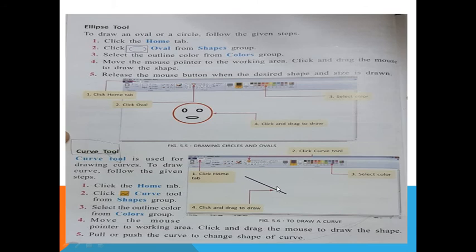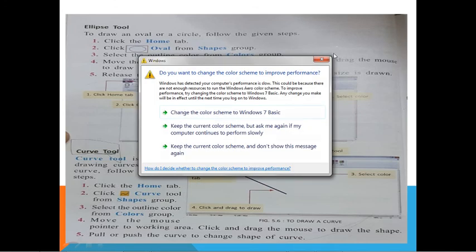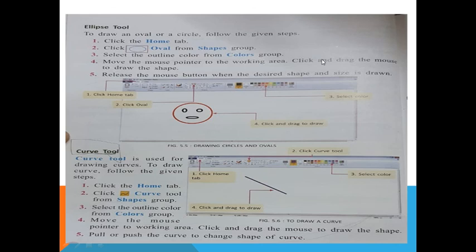It's so easy, it's not difficult. Go to the home tab, which color you want, see here in the ribbon, which shape. The process is the same, only you change the shapes here. You want a standing line, sleeping line, curve, zigzag, oval, rectangle, square, whatever shape you want, you can select from this shape group.